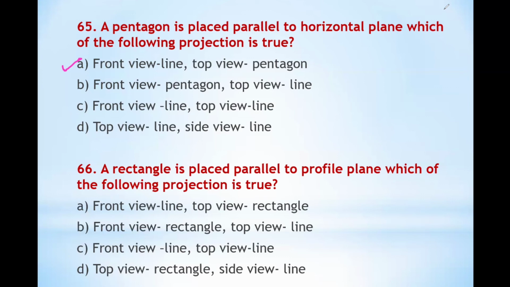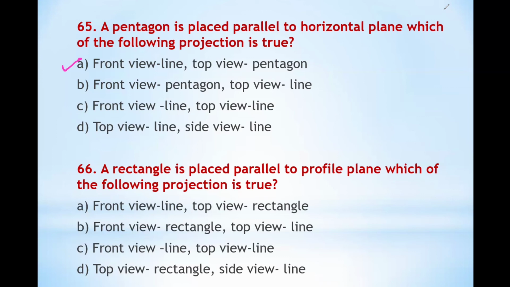So a similar case is there here also. Here, a rectangle is placed parallel to the profile plane. Means we're able to tell now in which you will get the true shape of that. Okay. So whatever this plane is, a rectangle, it is parallel to the profile plane.